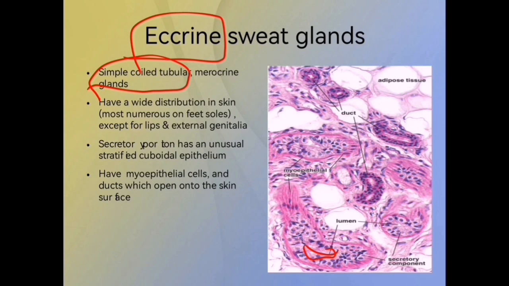You see the presence of myoepithelial cells which help with secretions. You see the duct here, it's narrow. So the secretory portions have a narrow lumen, and this unusual stratified cuboidal epithelium is characteristic of eccrine sweat glands.